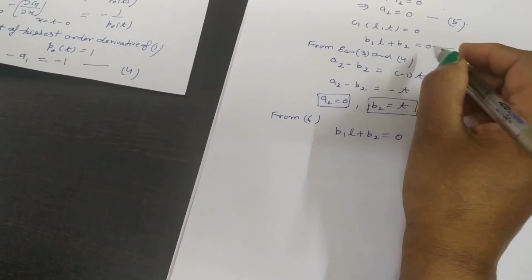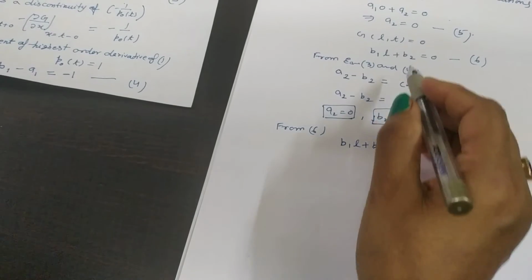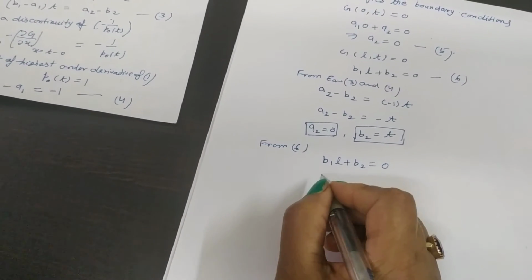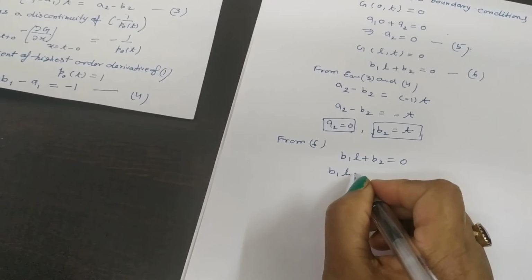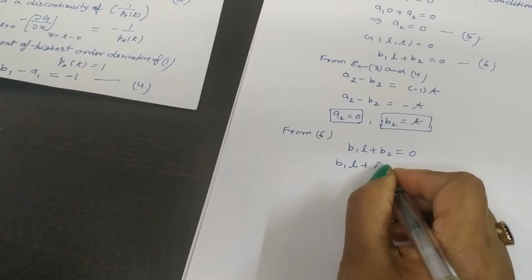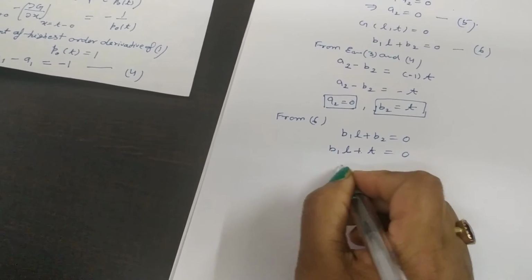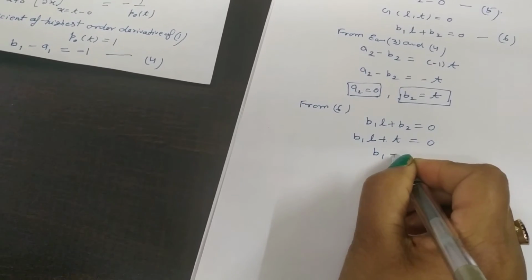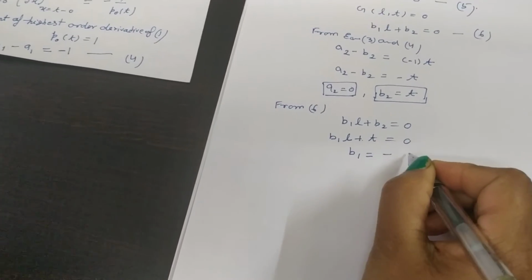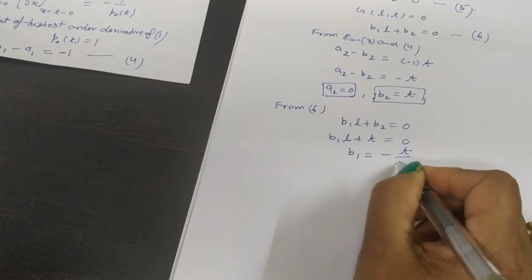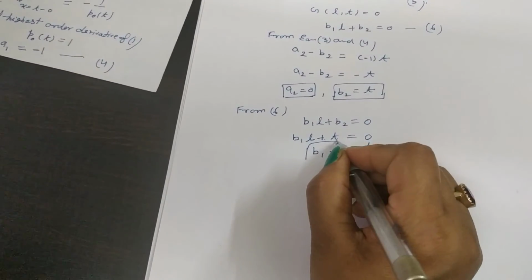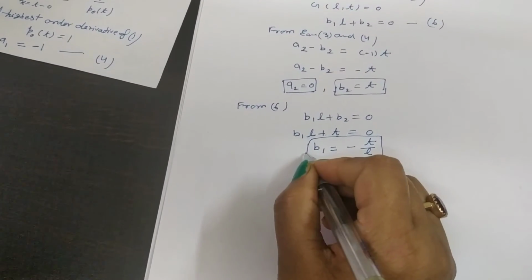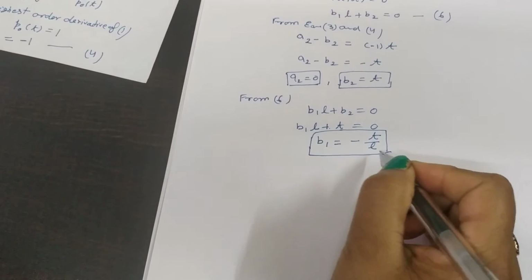Substituting b2 is t, b1 L plus t is equal to 0, that is b1 is minus t by L.